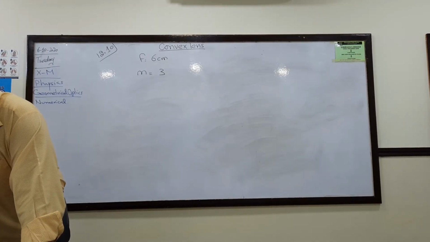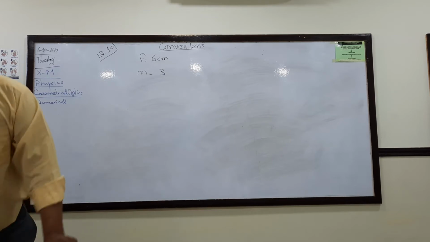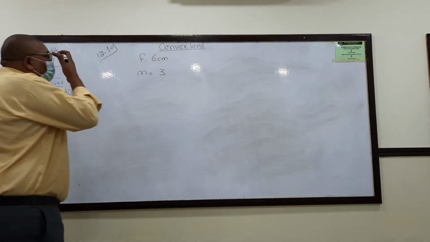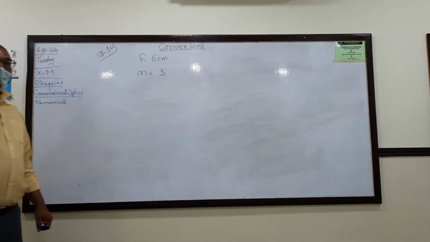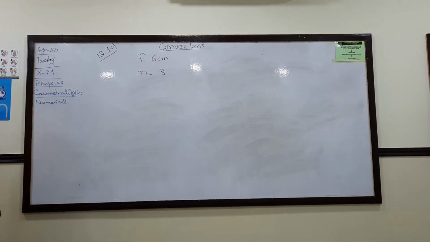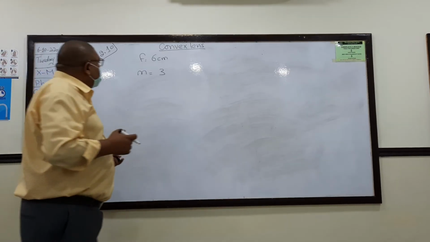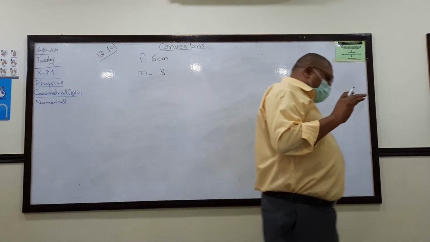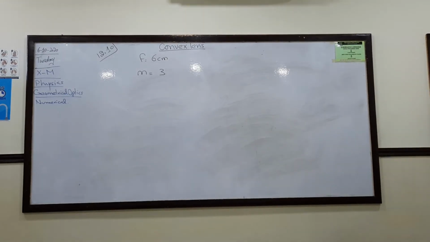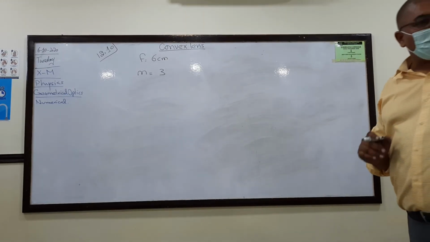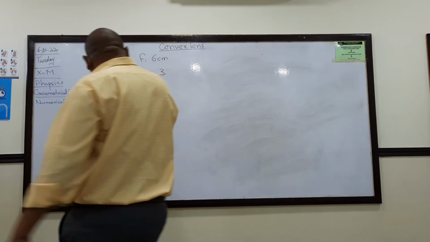Where must the object be placed? A very important thing: what should be the distance of the object and the image? That's the question actually, if we rephrase it.